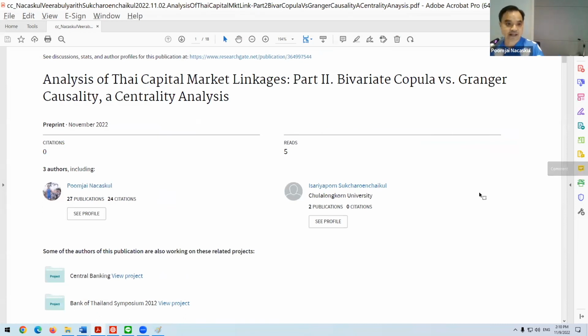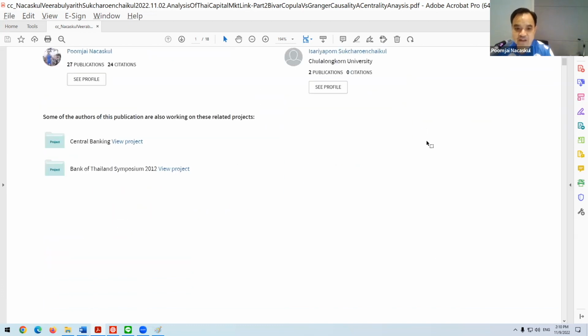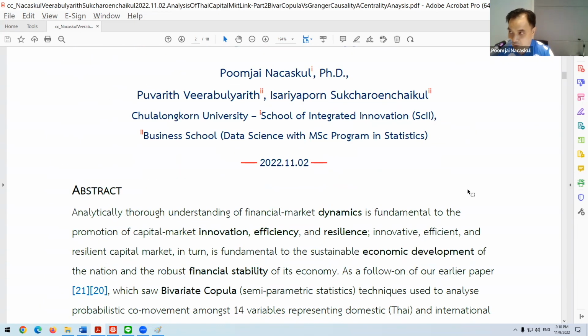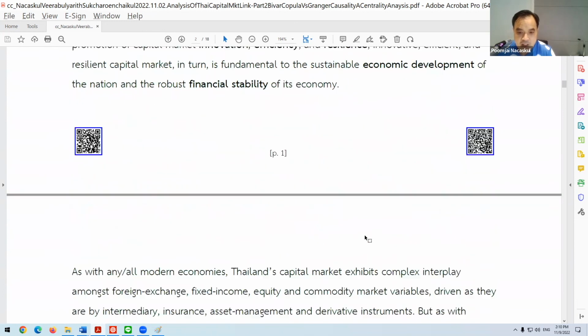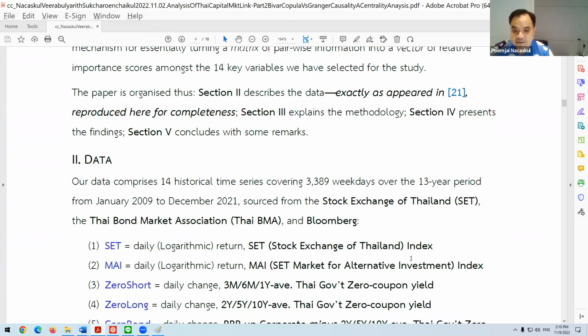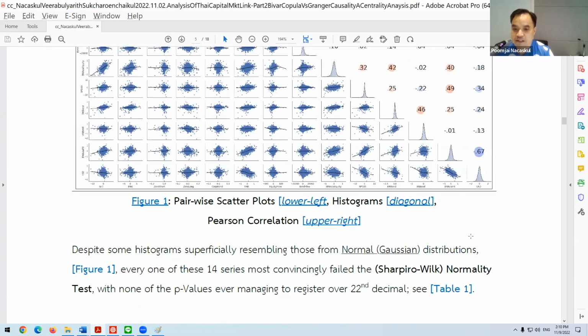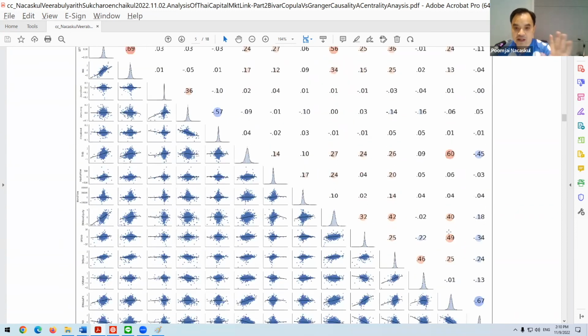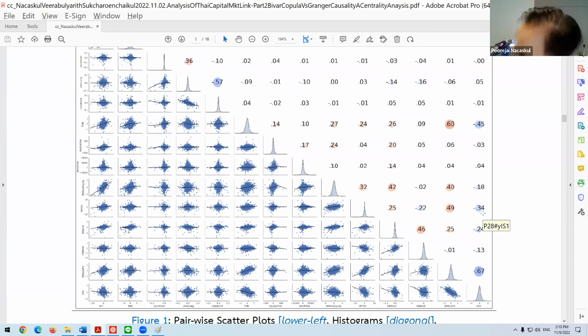So that's that. Now, before we go on a break, I just want to show you this little paper that we did with your TA here. Basically, we look at financial market variables, Thailand financial market variables.